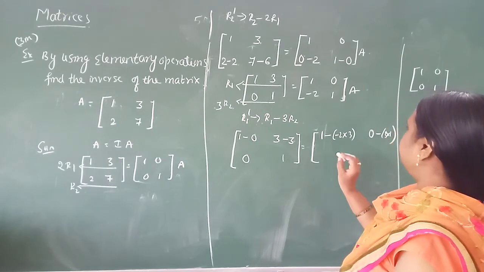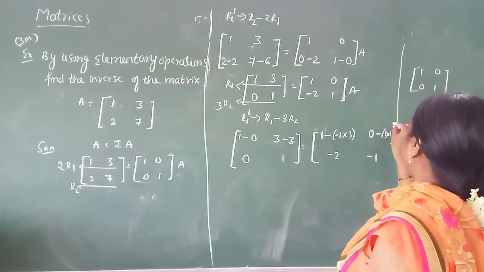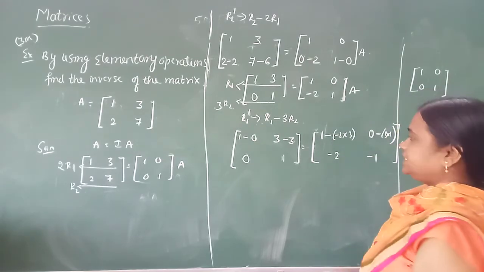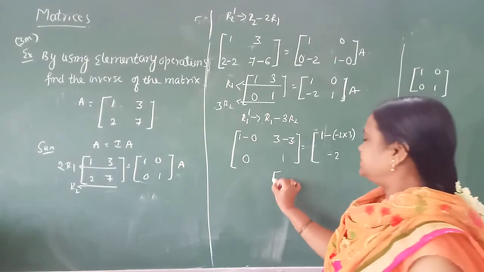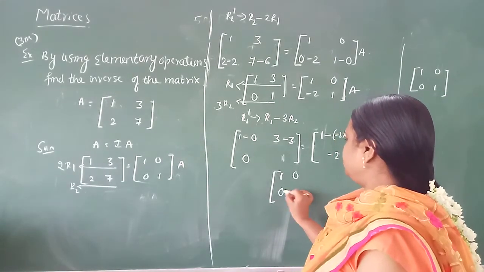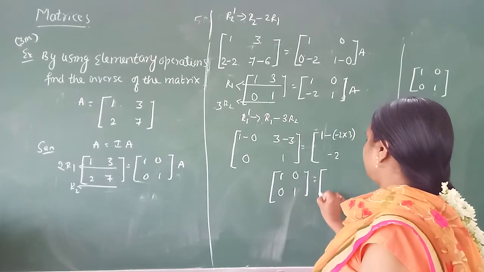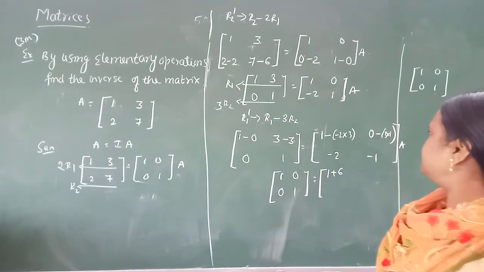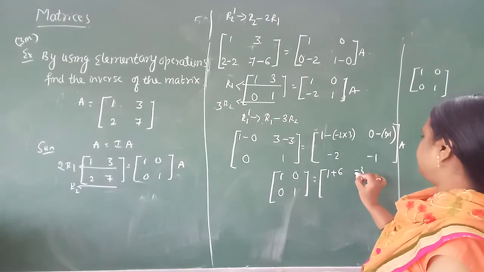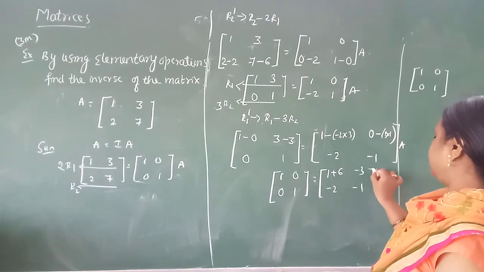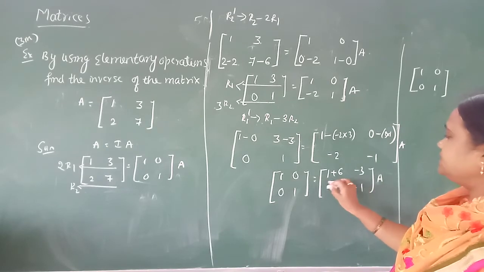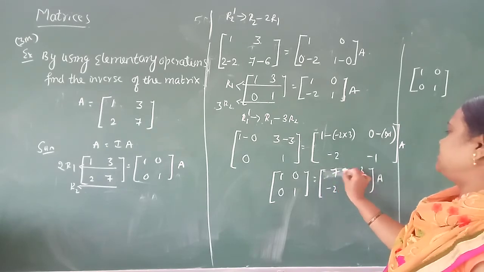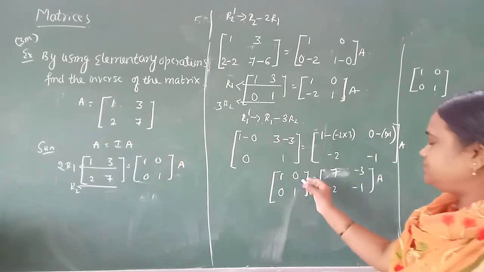And this one is as it is, minus 2 minus into 3. And we get 1, 0, 0, 1, and 1 plus 6, minus 3 into 1, minus 3, minus 2, minus 1. 1 plus 6 means what? 7. Okay.